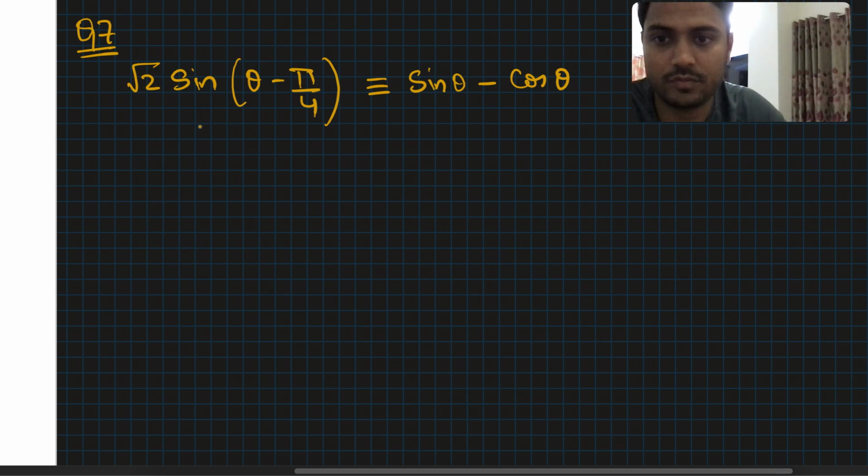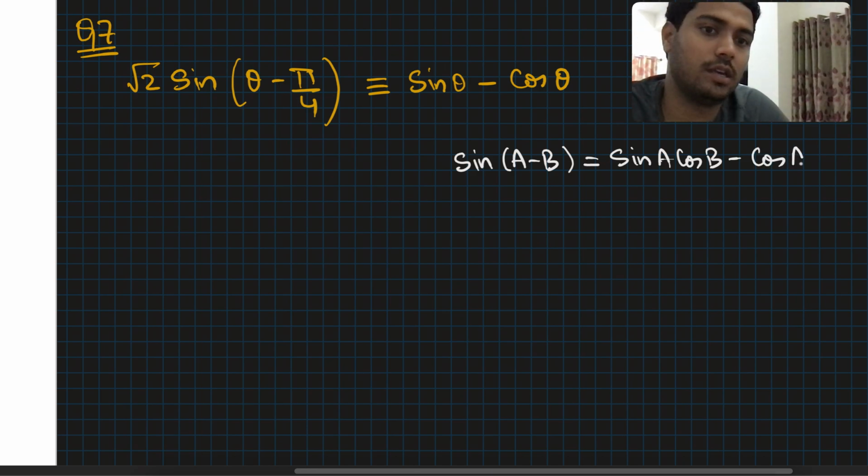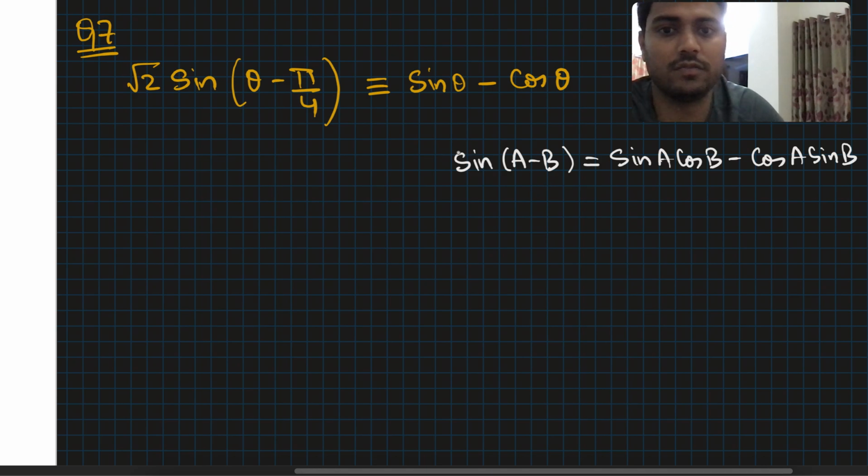So in this case we have to apply the identity of sin of the double angle A minus B. Sin A minus B is going to be sin A cos B minus cos A sin B, because this is for negative. This is the identity.